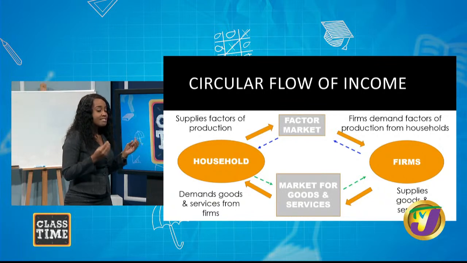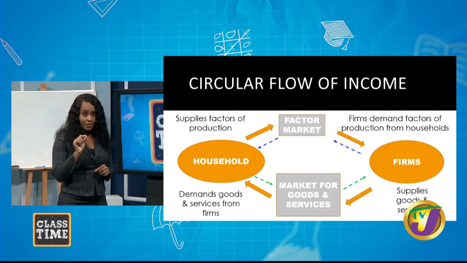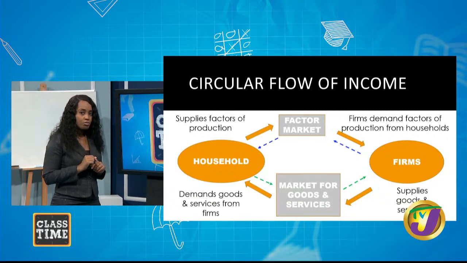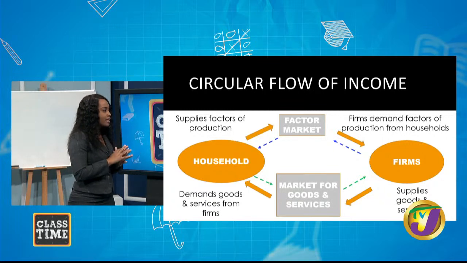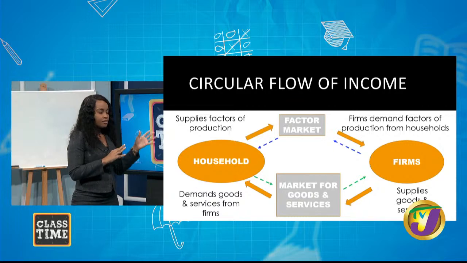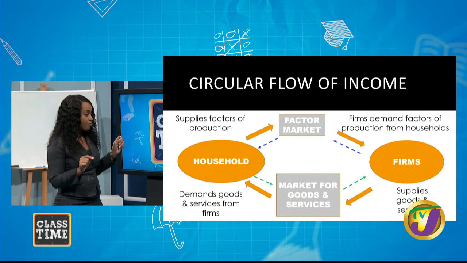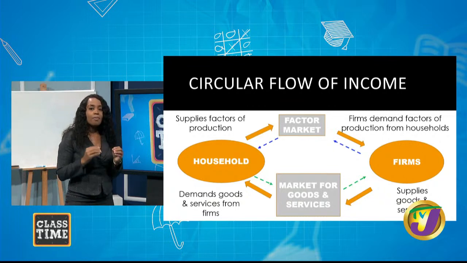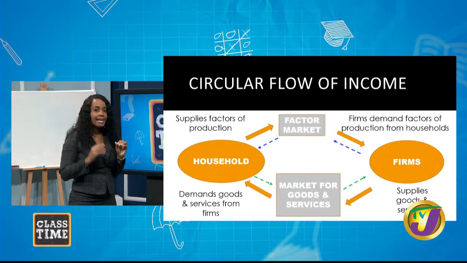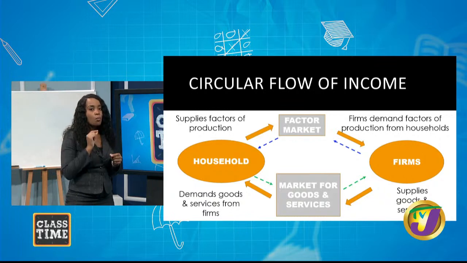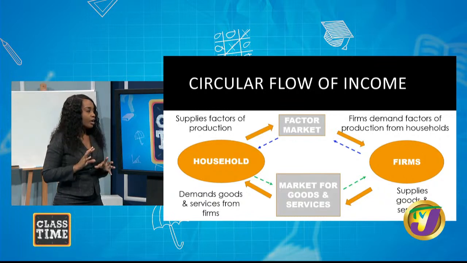So we notice what's happening. Firms are demanding factors of production from households, and they are supplying goods and services to households. We also know that households are demanding goods and services from firms, and they are also supplying factors of production. So they are both supplying and demanding. Now, the inner flow represents the movement of payments or income.